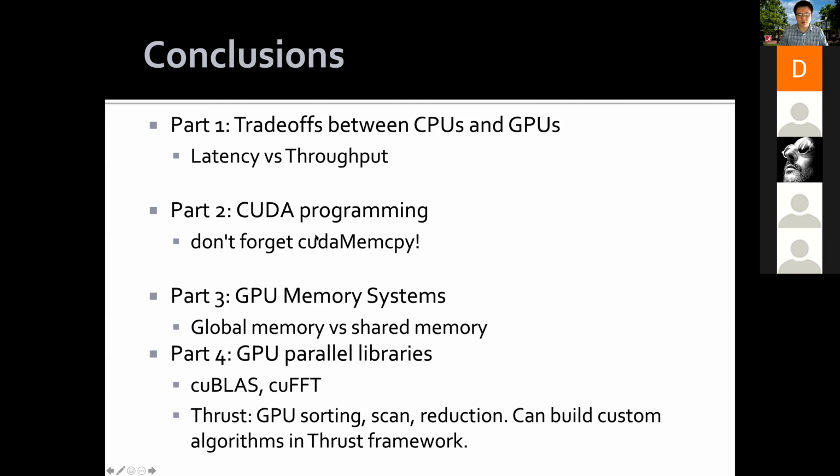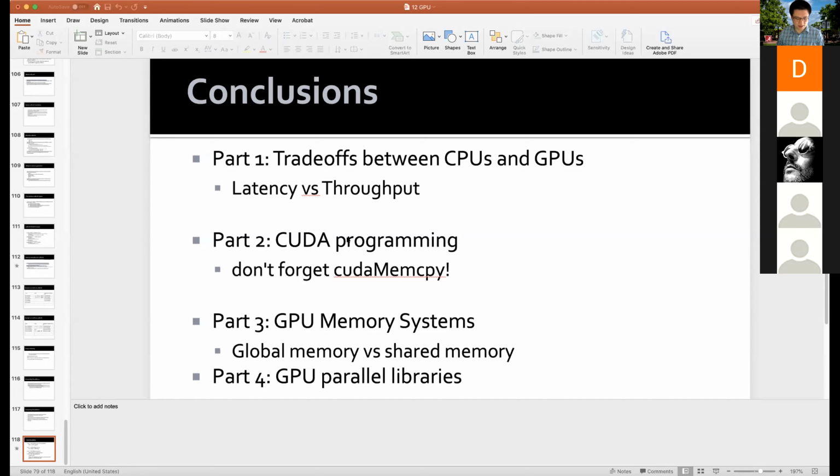And for the warp concept, you need to remember warp divergence. These three or four concepts will always be repeated in the future when you discuss GPU programming optimization with other people. Okay, so that's this slide.